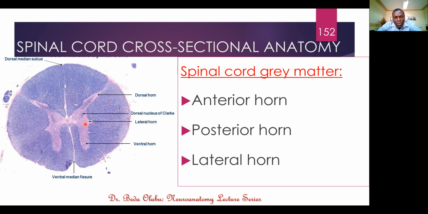So from the spinal cord, they come out from the lateral horn of the spinal cord, which means that the lateral horn of the spinal cord contains cell bodies of preganglionic autonomic neurons. Therefore, the lateral horn is not present in all segments of the spinal cord. The segments of the spinal cord that will contain a lateral horn are segments which have autonomic function.